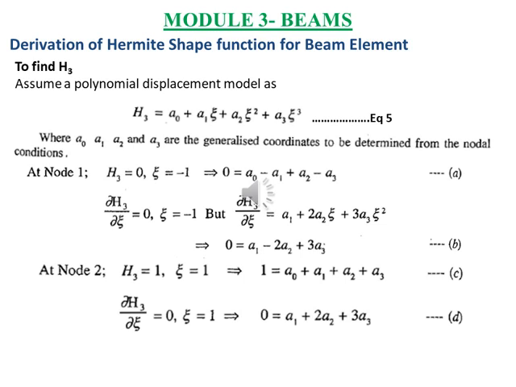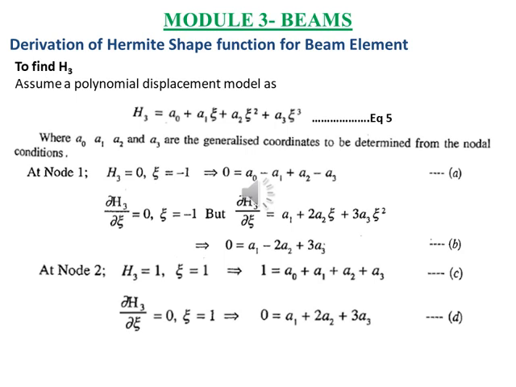But del H3 by del neta is nothing but the differential of equation number 5, which can be written as A1 plus 2A2 neta plus 3A3 neta square. Now substituting the values in this equation, we can rewrite this as 0 is equal to A1 minus 2A2 plus 3A3.